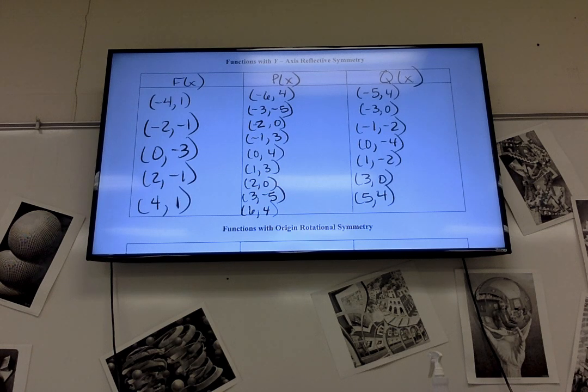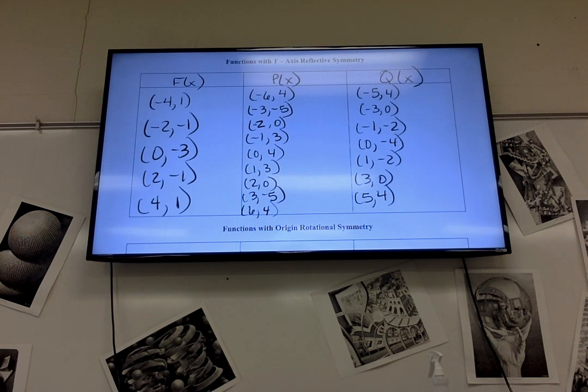So if they are reflective with respect to the y-axis, so they're symmetric with respect to the y-axis, is there something you notice about the x's and or the y's if you look at f of x, p of x, or q of x? They're the same number if its sign just changed. Okay, which one, the x or the y? Or both?